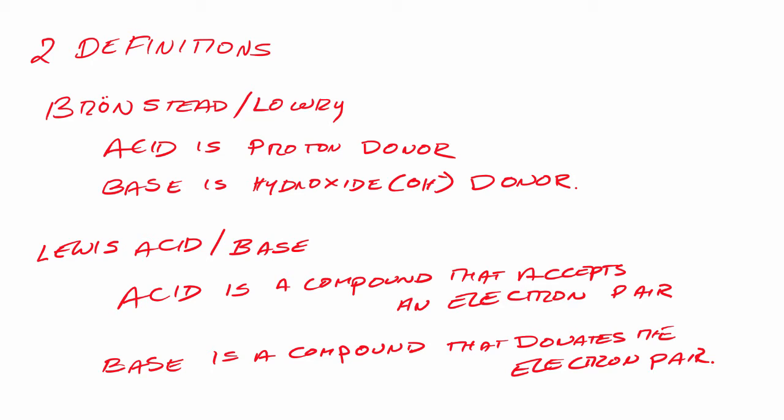So let's look at some more definitions. Acids and bases can be divided up as strong or weak.